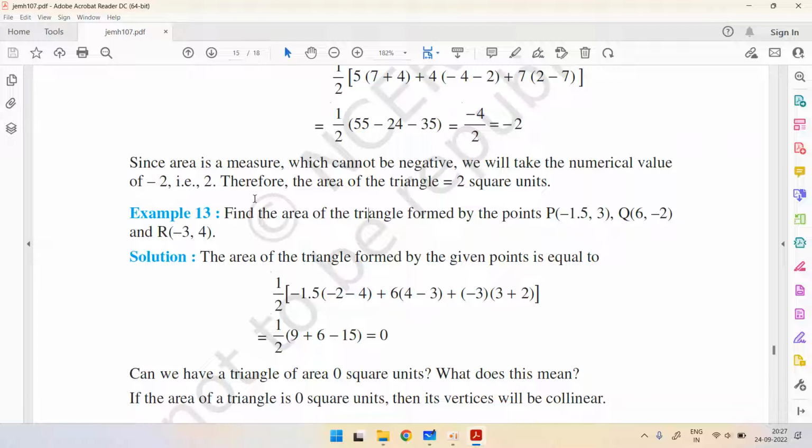Next is example 13. It says find the area of the triangle formed by these points. This is a special question.